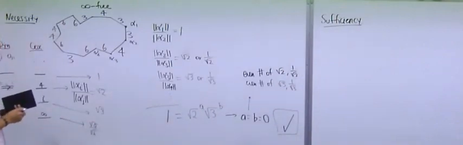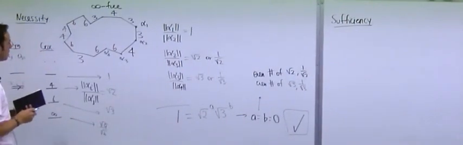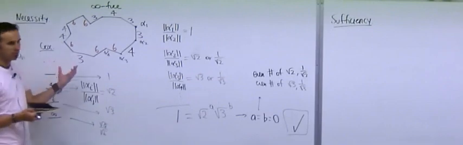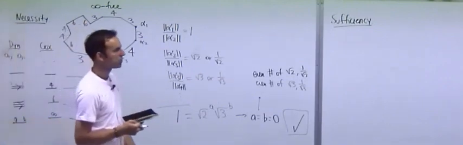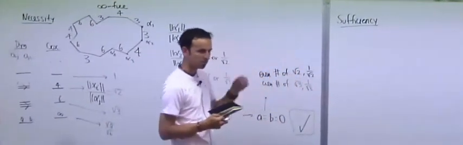So for sufficiency now, what I have to do is, I'm given some graph that has this condition, and I have to show that that graph really comes from a crystallographic root system.